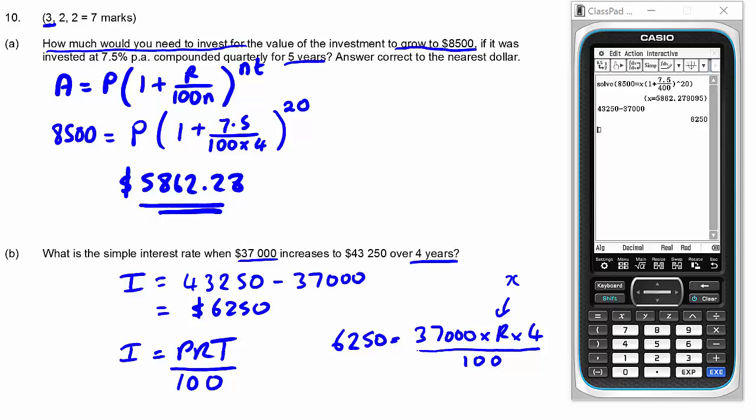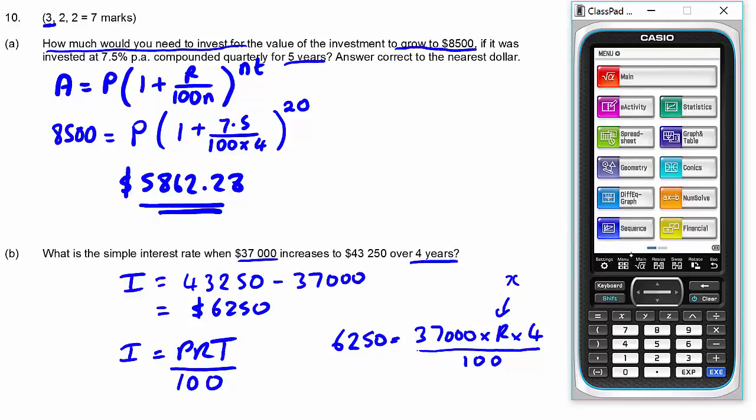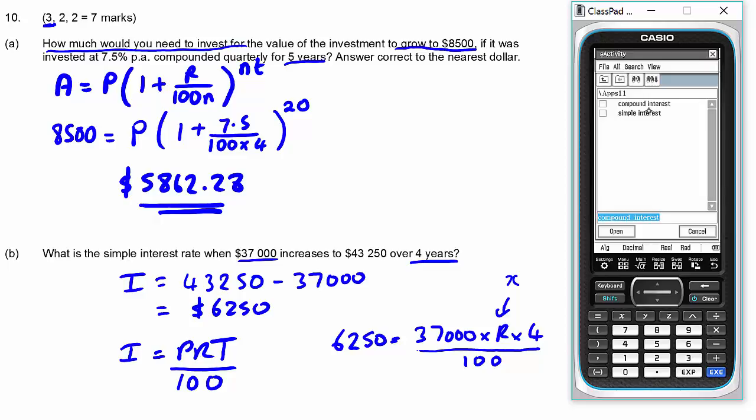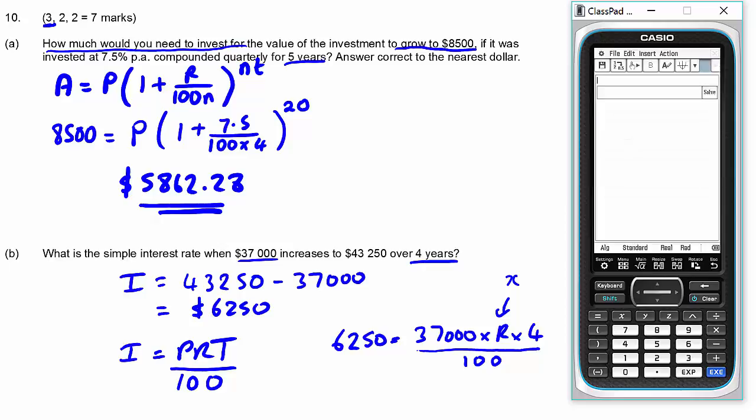But of course, this lends itself again to use of the activity. So we go in here and I'll open up this time the simple interest formula. And let's see. The one we're trying to work out this time is the R. We know that the interest is 6250.